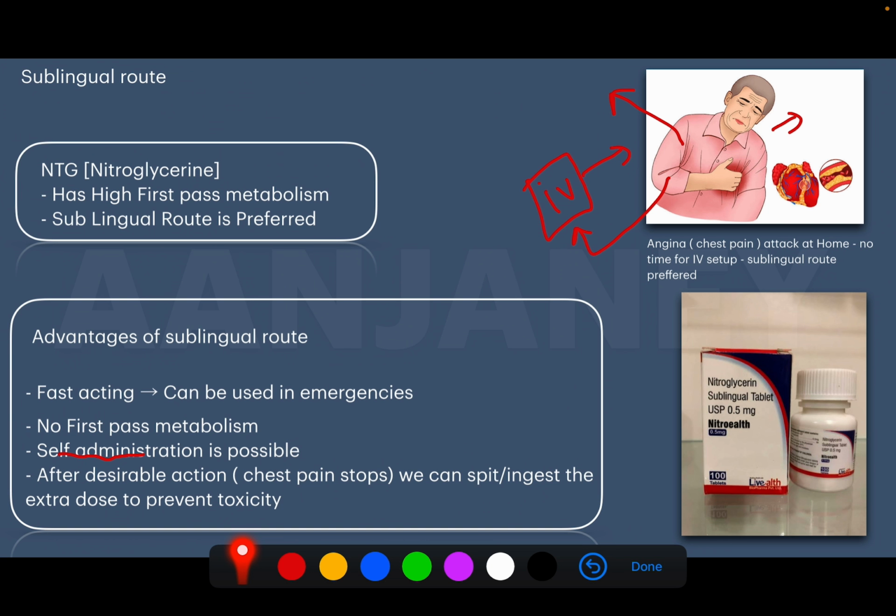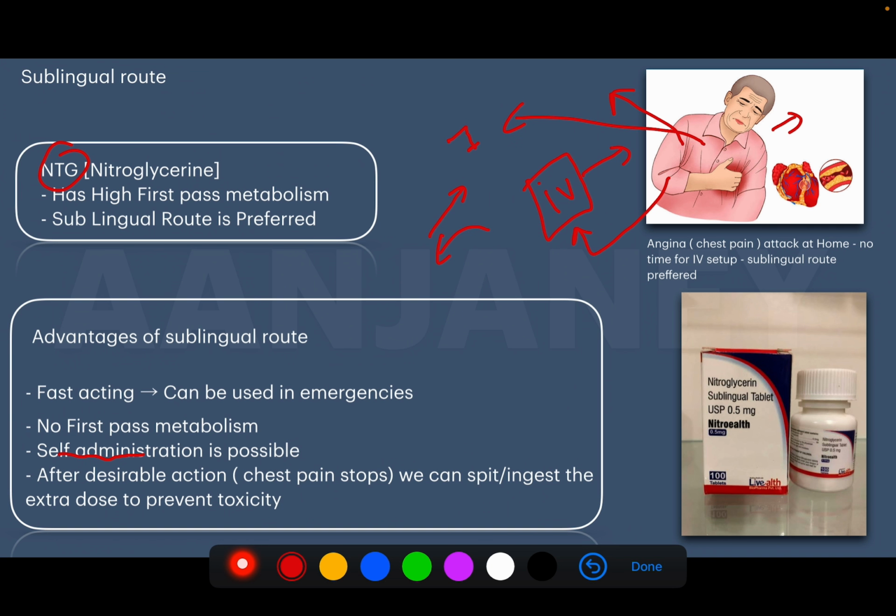And second is, see, after the desirable action is done, let's say he is having a chest pain right now. He took the drug, he took nitroglycerin, and after a few minutes the chest pain was over. He was not feeling any pain. So now what he can do is he can either ingest the drug or he can spit the drug away. In that way the drug is not causing toxicity, right?